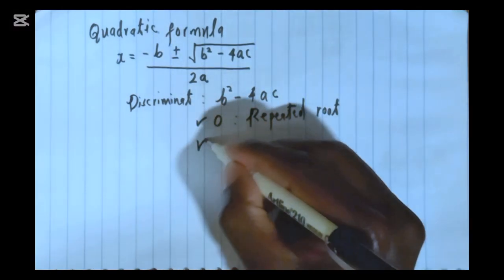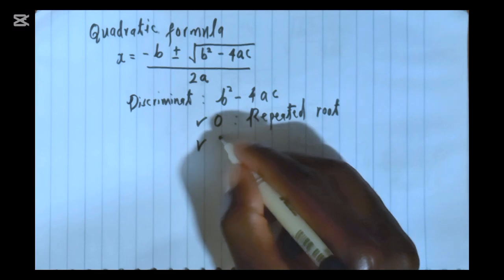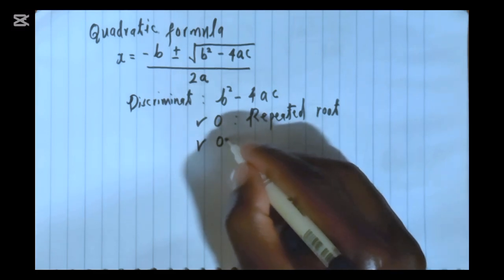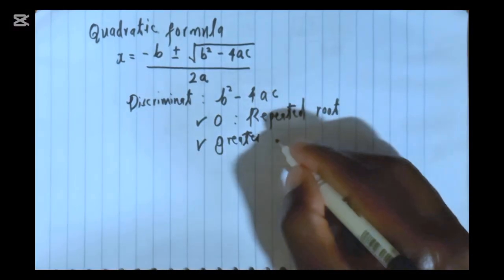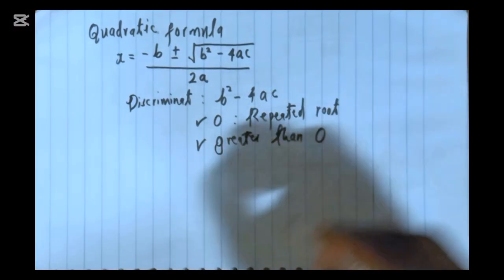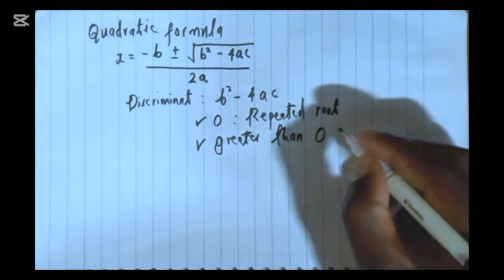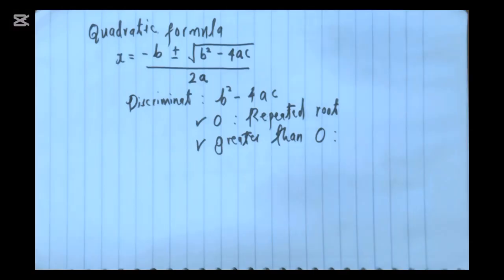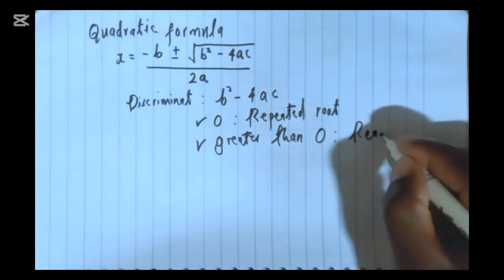And whenever you have that the value of b squared minus 4ac is greater than 0, it therefore means that the roots of this quadratic equation, that is x1 and x2, are real and distinct.